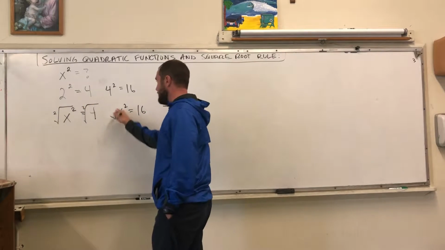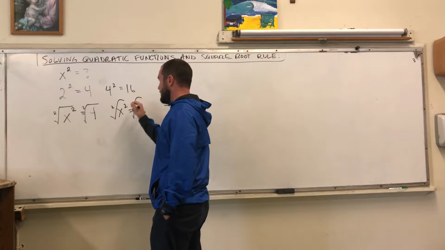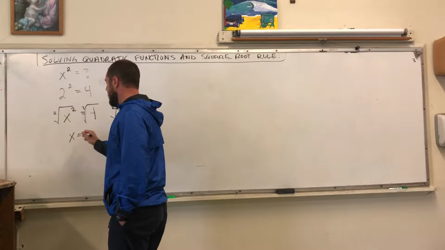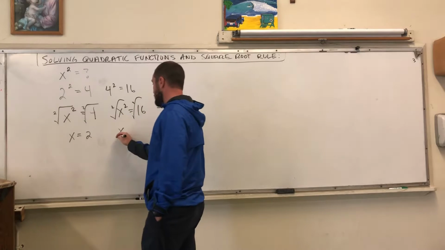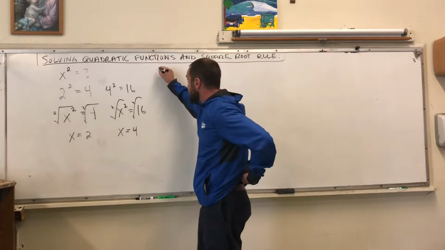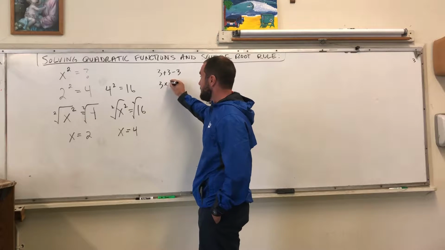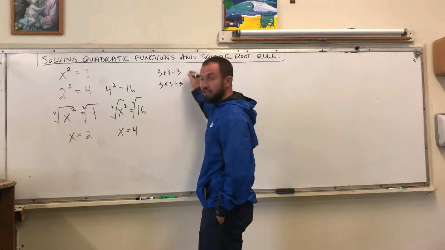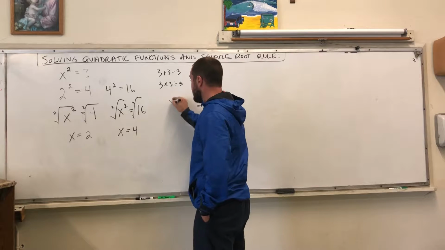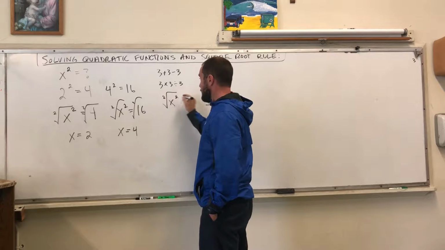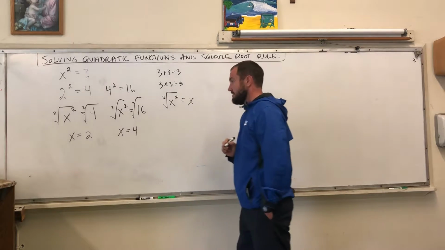And that's the same thing, x is equal to 2, x is equal to 4. That's the same thing as me doing 3 plus 3 minus 3, or 3 times 3 divided by 3. These are inverse operations. X squared to the square root of x is just x.